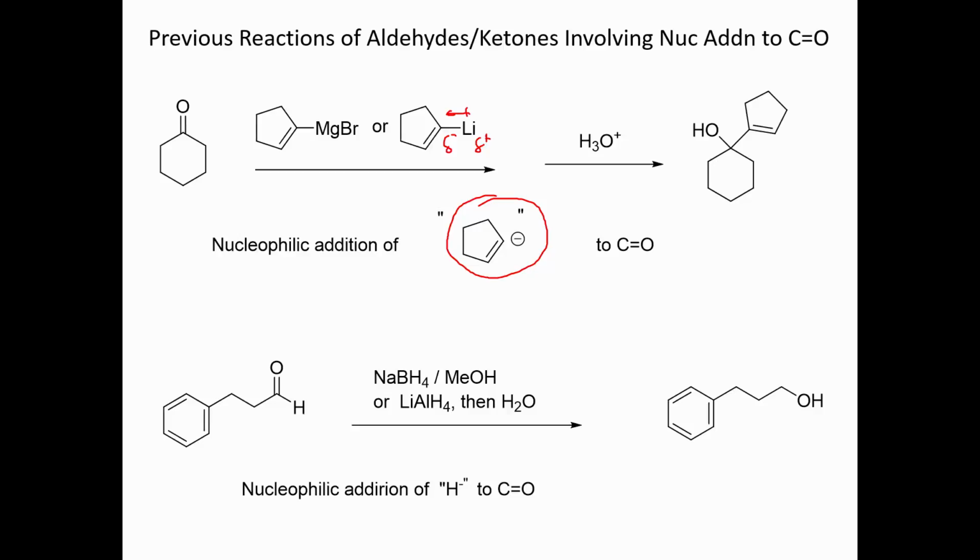And as we mentioned previously, we can do a hydride reduction of carbonyl groups to the corresponding alcohol. So an aldehyde gives a primary alcohol, and a ketone would give a secondary alcohol. And again, even though this doesn't look like H minus, it's equivalent to H minus.